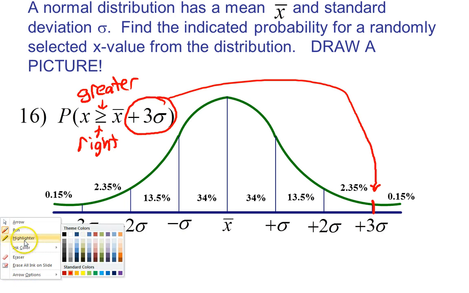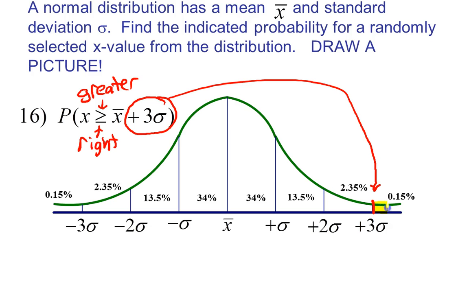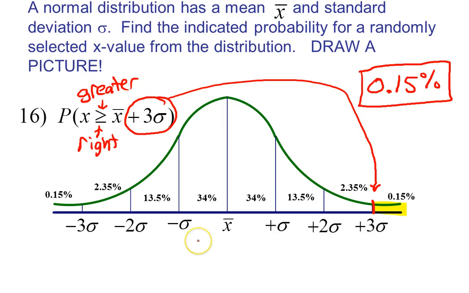Well, that is just this little bit right here, teeny tiny. There's nothing to add, that's it. That's going to be your answer right there. The probability of getting a value in this area is 0.15%. It's less than 1%, much less than 1%. Alright, please do not forget the percent symbol.